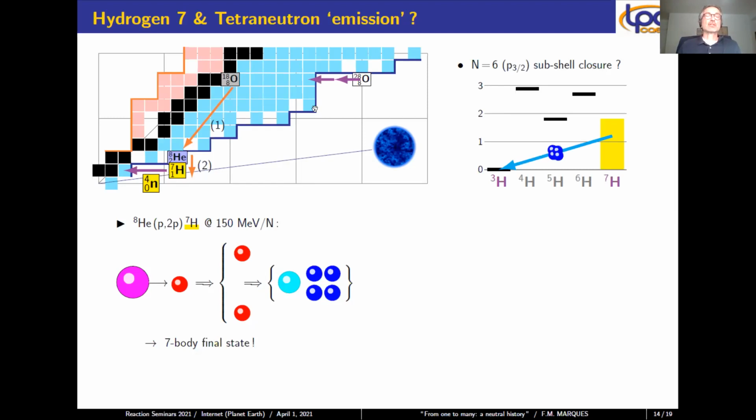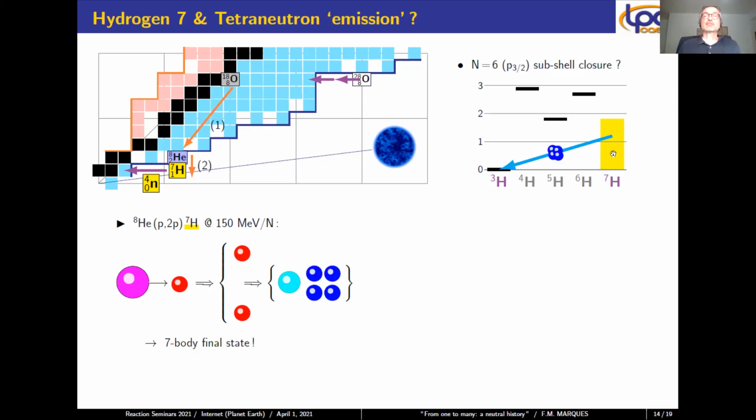Why hydrogen-7? So we have already measured in the collaboration oxygen-28 and its decay to oxygen-24. But in oxygen-28, you have the ground state of oxygen-26 that is very narrow and very low lying, and it seems that all decays go through this state. So it's not a 4 neutron decay, it's 2 times 2 neutron decays.